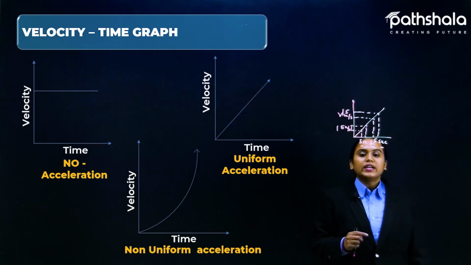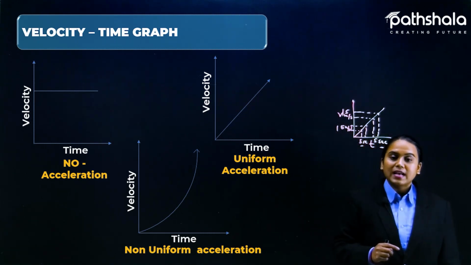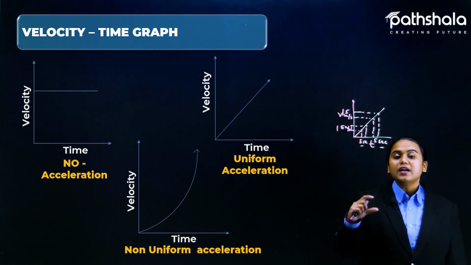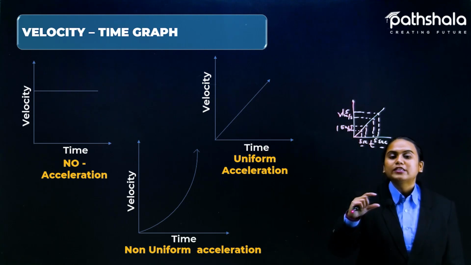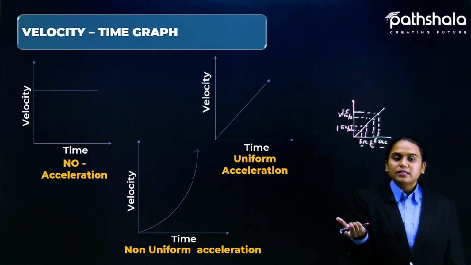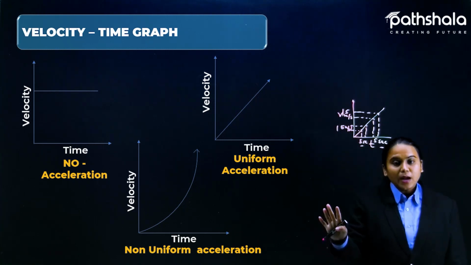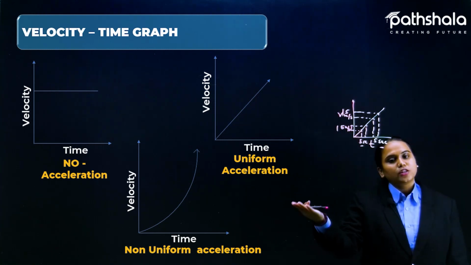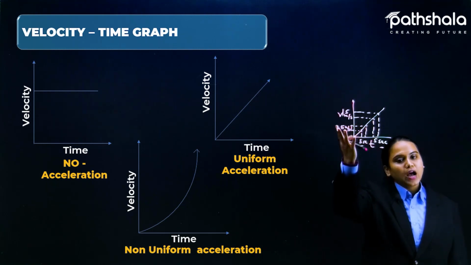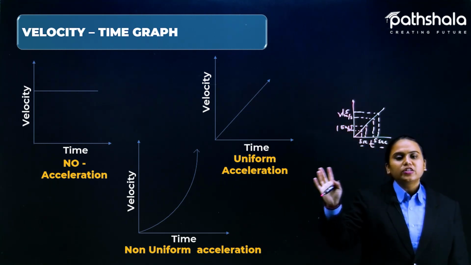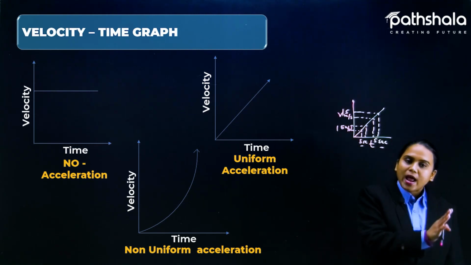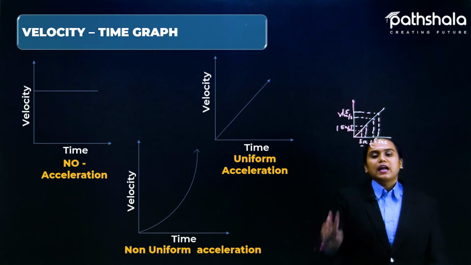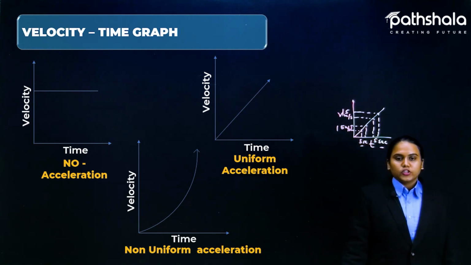So here also it is considered non-uniform acceleration because the velocity is changing again and again, but not in a fixed manner. Time is fixed, you cannot control that, but the velocity is changing, sometimes low and sometimes high and more high. It is changing with different values. So we can say that this graph is non-uniform acceleration.